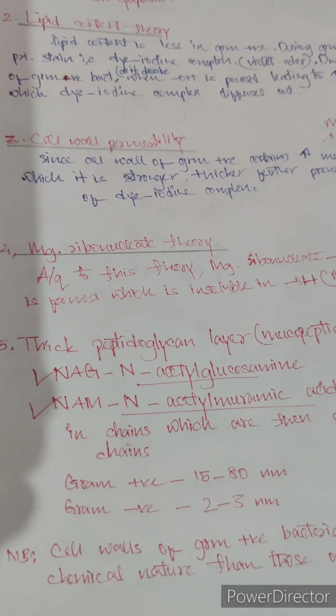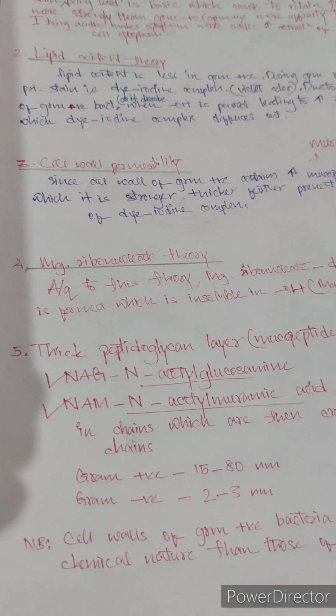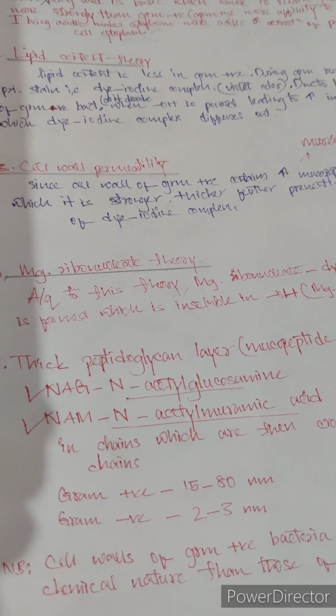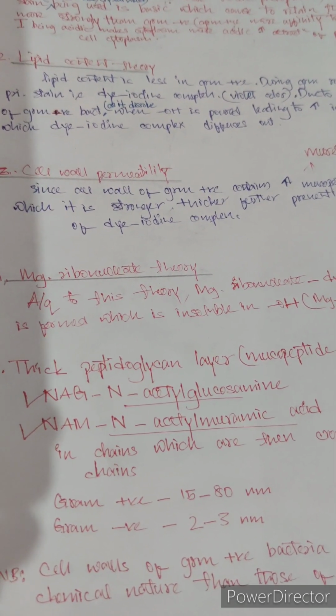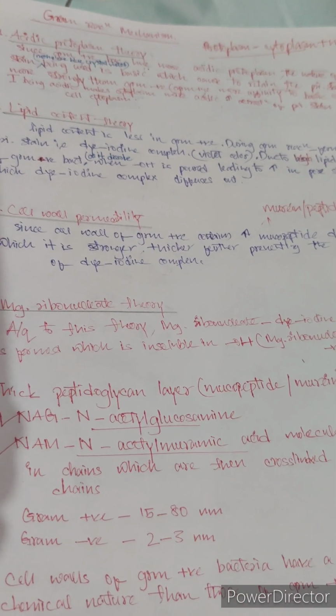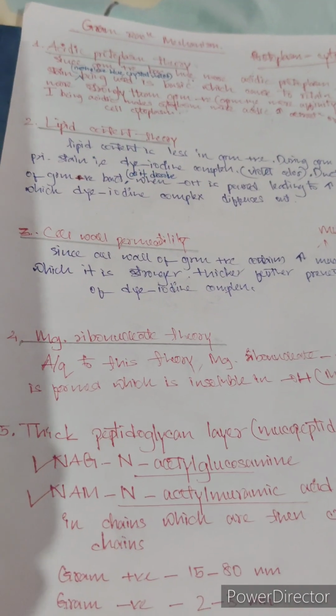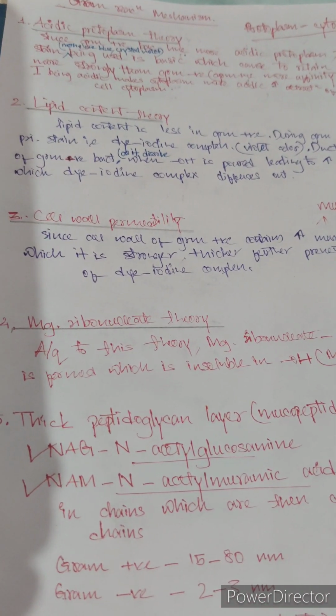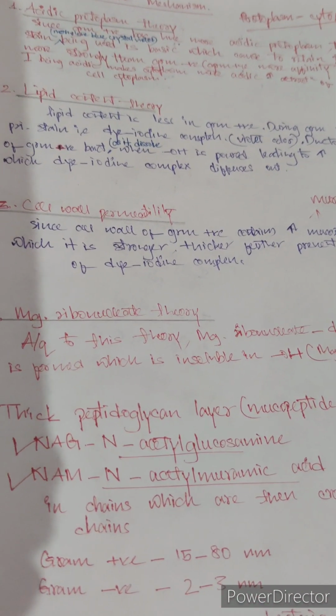So the fourth topic is magnesium ribonucleate theory. This theory is quite new, I think, and according to this theory, magnesium ribonucleate is present in gram-positive bacteria, whereas it is absent in gram-negative bacteria.